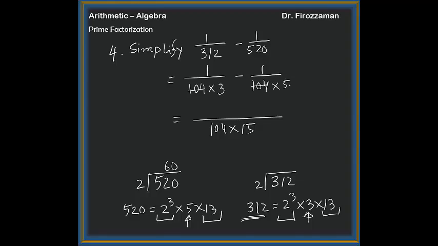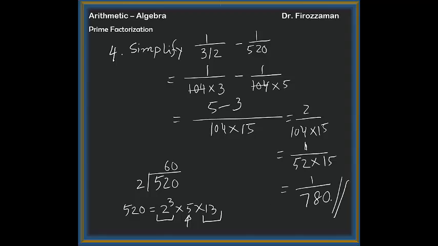So now cross multiply this. 5 times 1 is 5, minus 3 times 1 is 3. So you get 2 over 104 times 15. Still we are able to reduce, divide by 2, numerator and denominator. So you get 52 times 15. Now if you multiply 52 and 15 together, you get a nice number, and we are done.